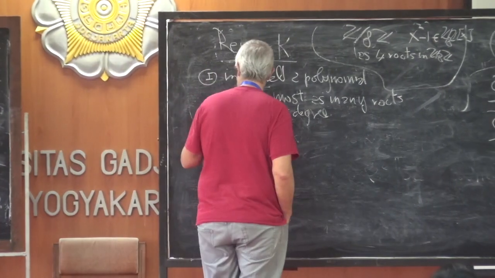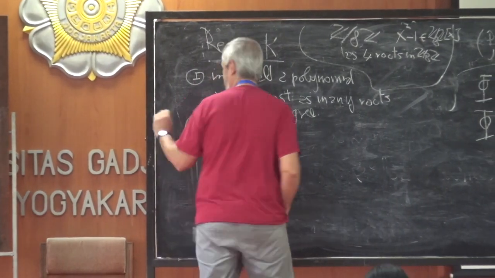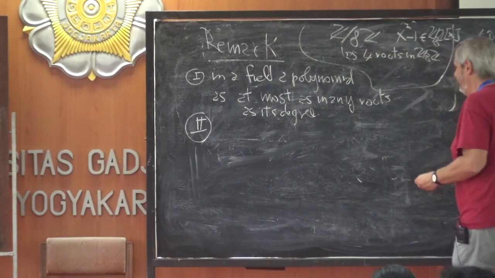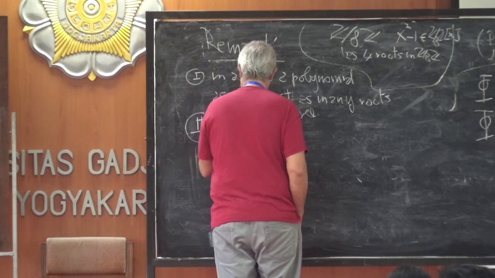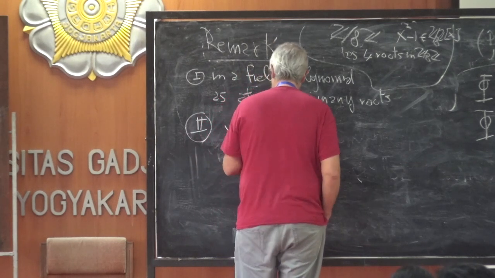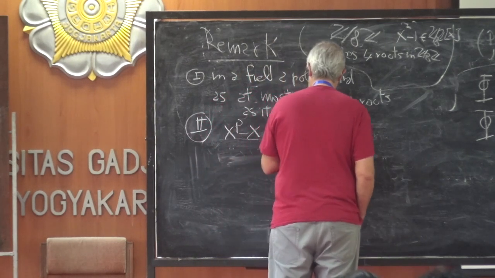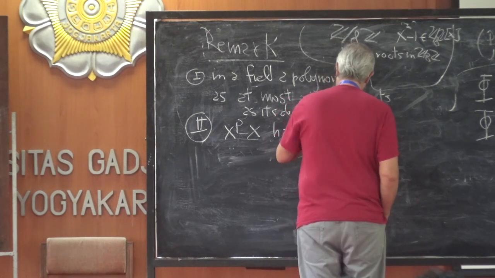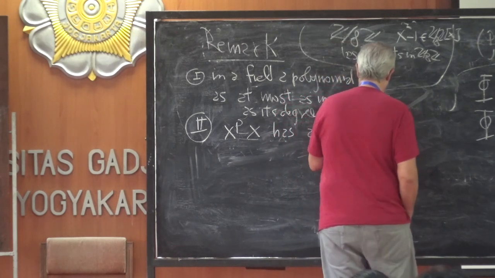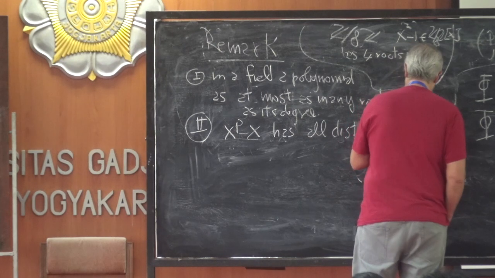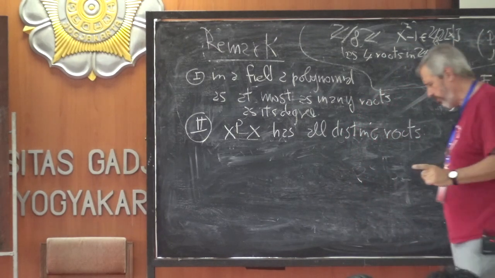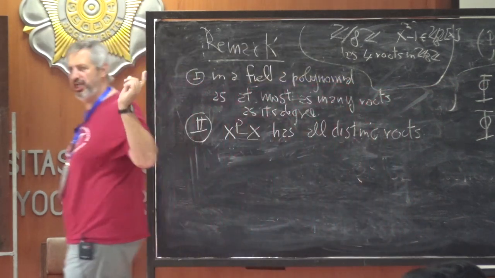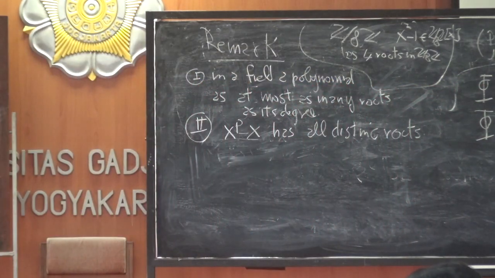Another remark, which is not immediately relevant here, but it's a good time: the polynomial x power p minus x has all distinct roots. How do you check whether a polynomial has distinct roots in general? There's a way which is very efficient.